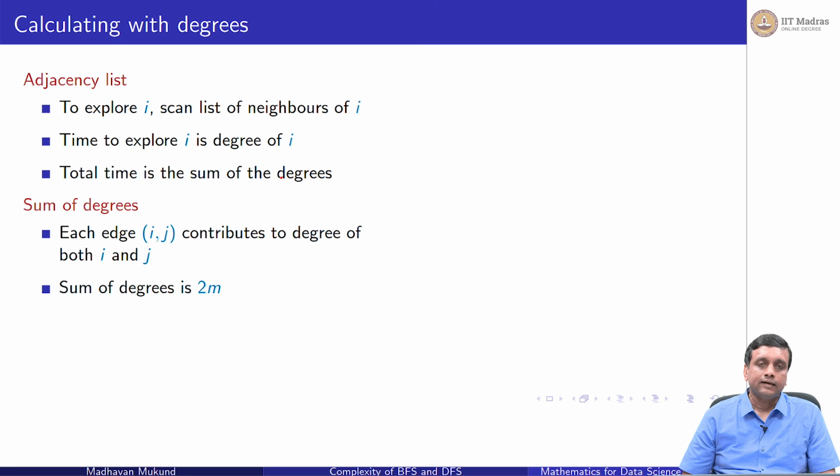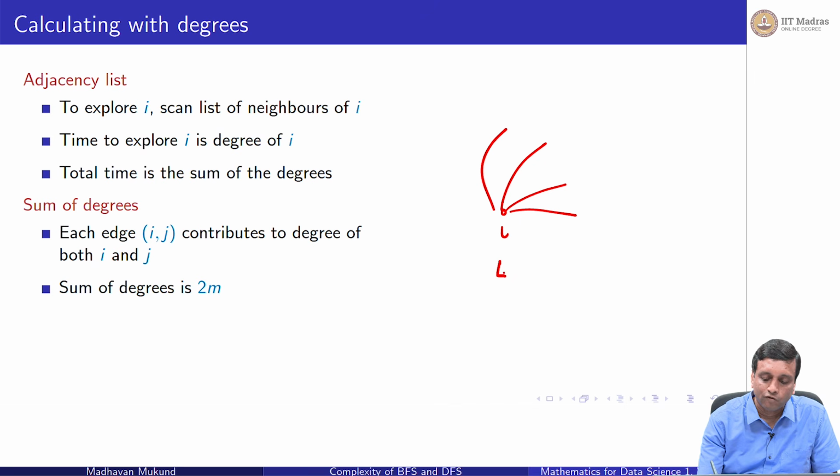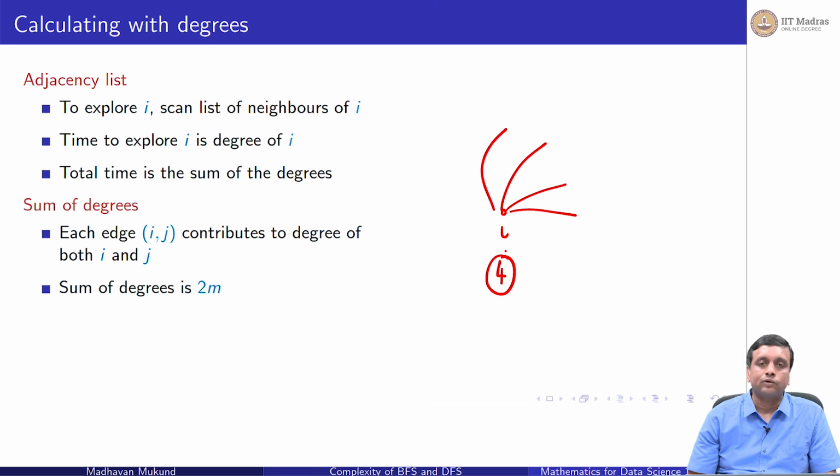So what is a degree? A degree is the number of edges going out. So if I has 4 edges going out, then I gets a contribution of 4 to the sum of the degrees.